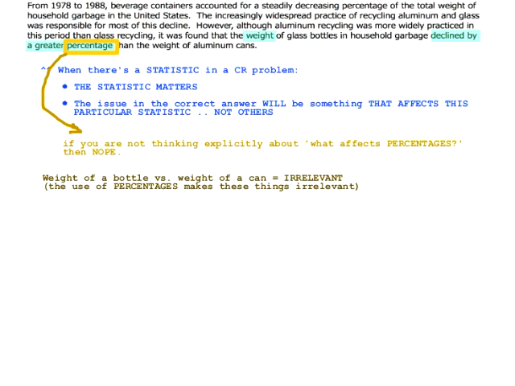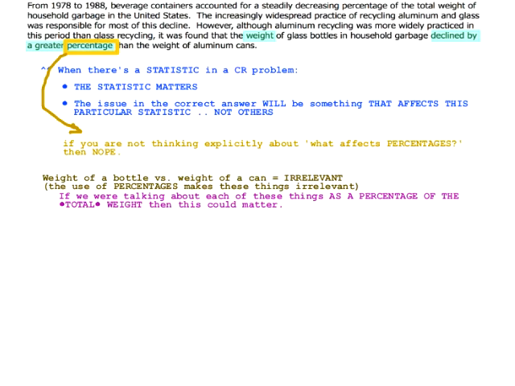It's not as a percentage of the total weight. It's the percentage decrease in the glass was more than the percentage decrease in the aluminum. So it's not relative to the total. If it was percentage of total, notice that if we were talking about each of these things as a percentage of total weight, then this could matter.